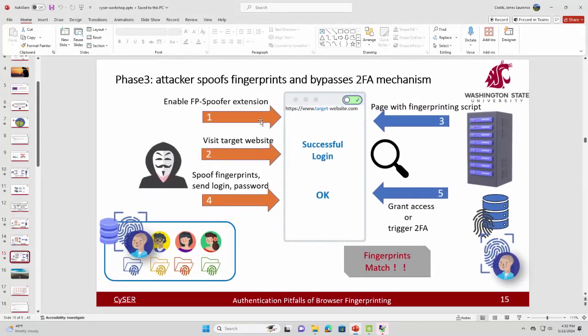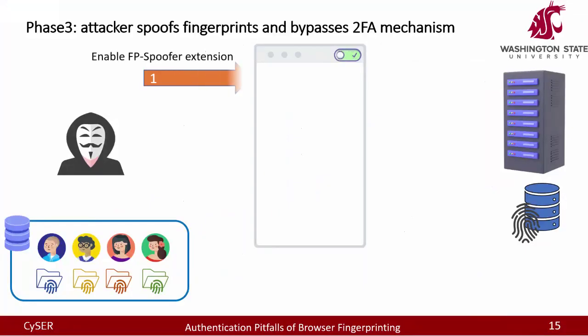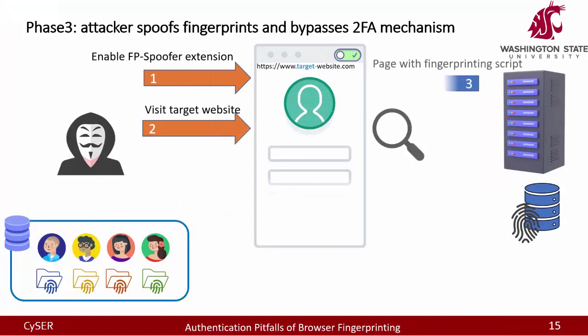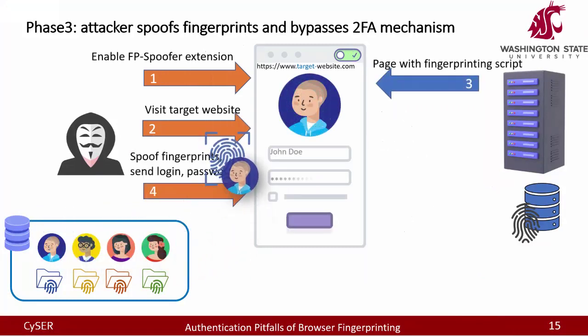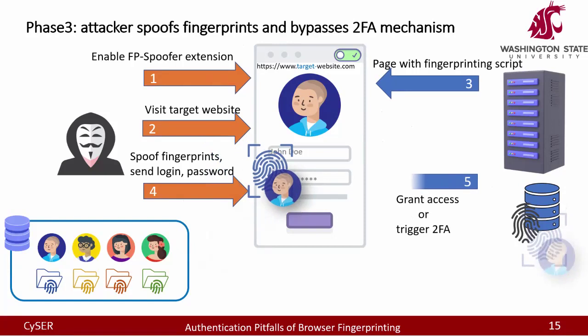Okay, so here the attacker is ready to perform this attack. The attacker has the user's credential and the user's fingerprints. The attacker visits this target website and inputs the user credential, and more importantly, the attacker spoofs the fingerprint into the user's fingerprint.